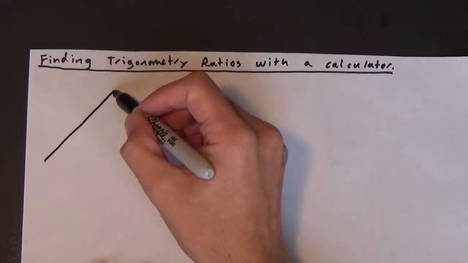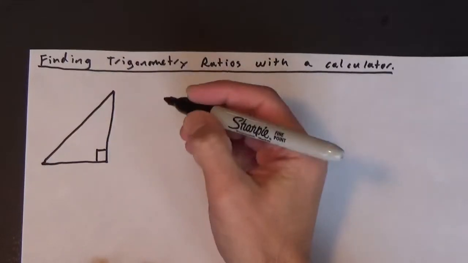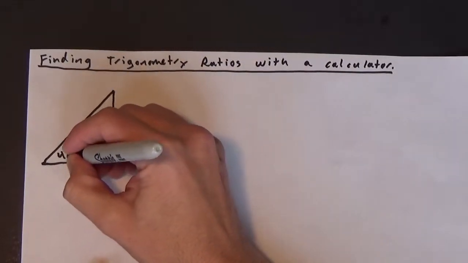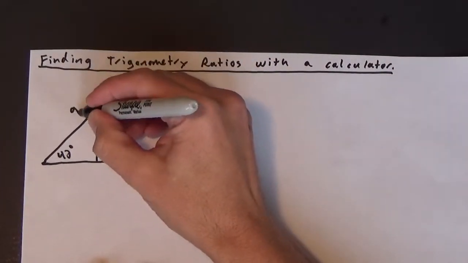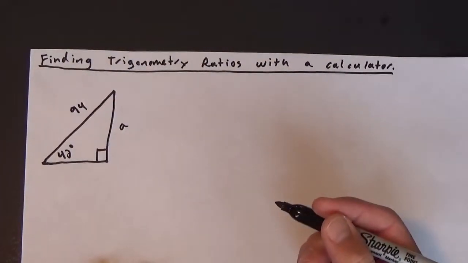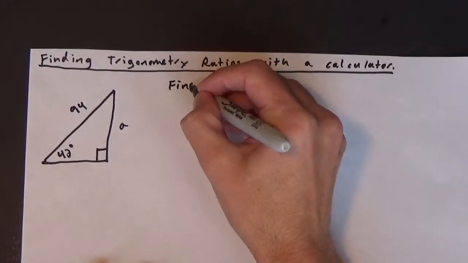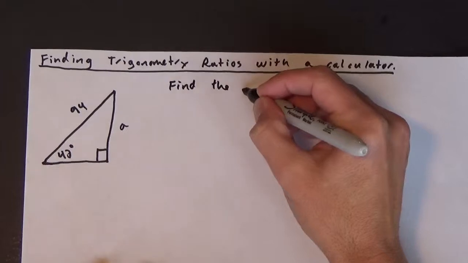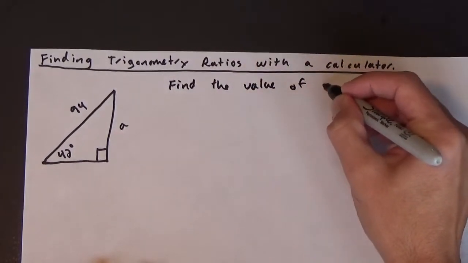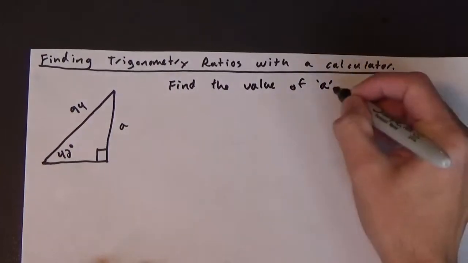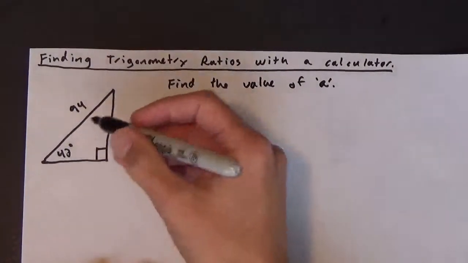So first of all, let's look at this example. Let's say I have a triangle. Let's say this is 42 degrees, this is A, and this is 94. And we want to find the value of A. From our previous lesson, this is pretty straightforward.